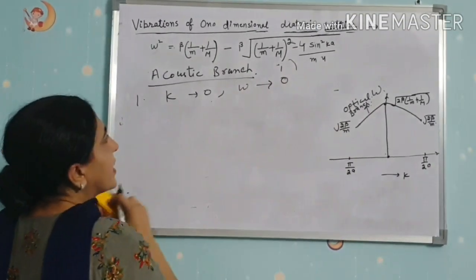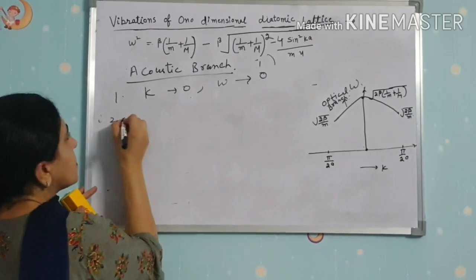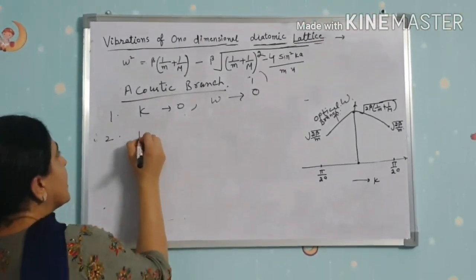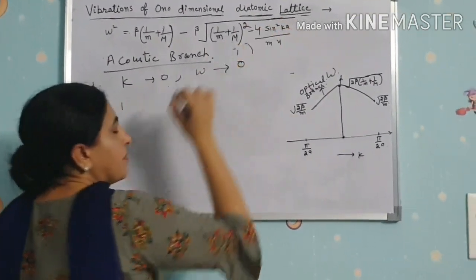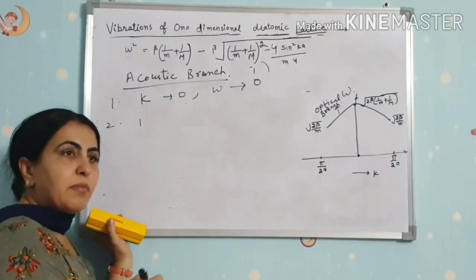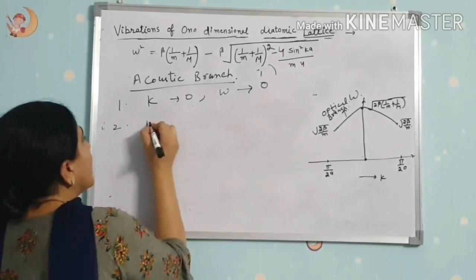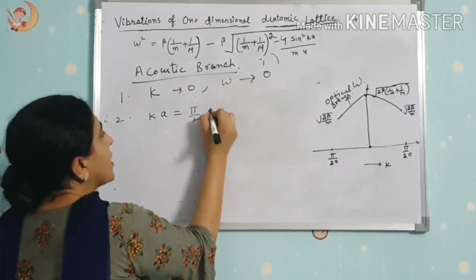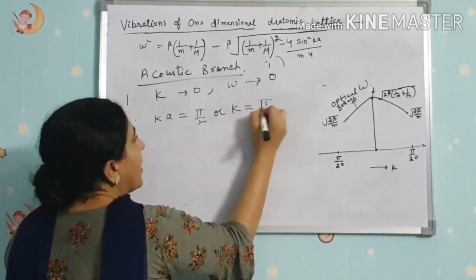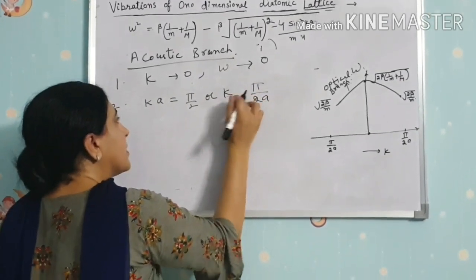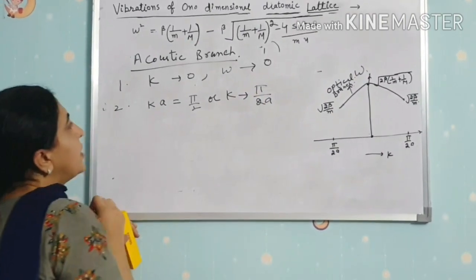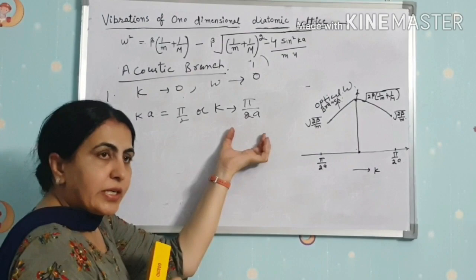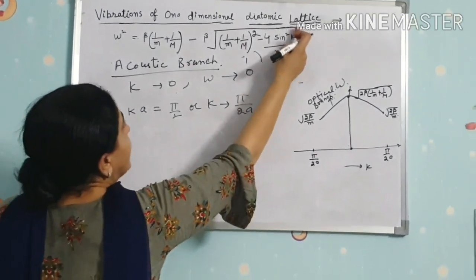Now the second case. For the second case, k sin ka is maximum. When is it maximum? When ka is 90 degrees, or ka is equal to pi by 2, or k is equal to pi by 2a. So k approaches pi by 2a.